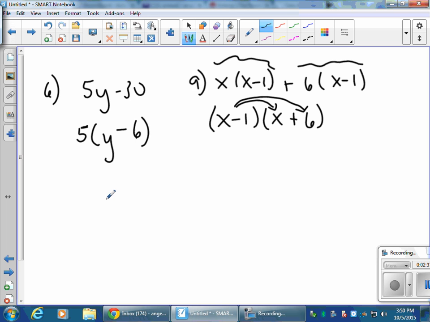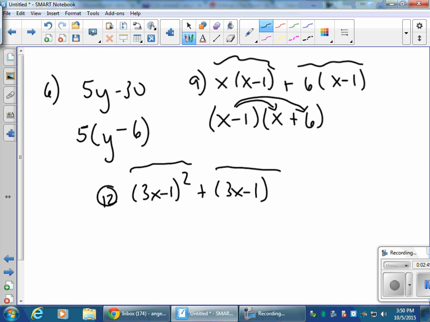So that checks out. And then number 12, 3x minus 1 squared plus 3x minus 1. This would confuse some people, but if you look at it, this is one term, this is another term. What do they have in common? They both have a 3x minus 1. If I took one 3x minus 1 out of this first term, I would be left with a 3x minus 1.